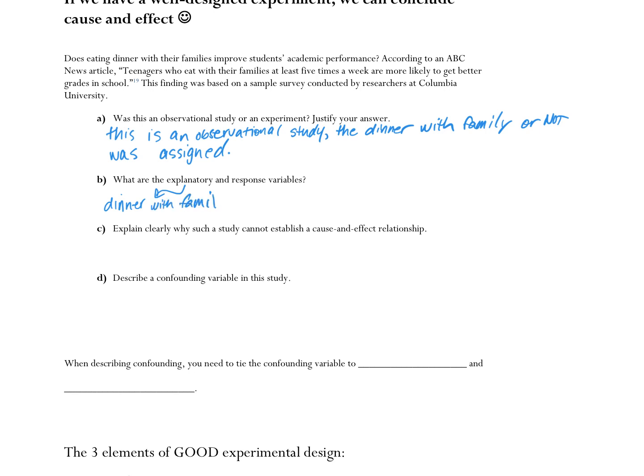And since we just said it, the explanatory variable is dinner with your family or not. And the response variable is academic achievement.